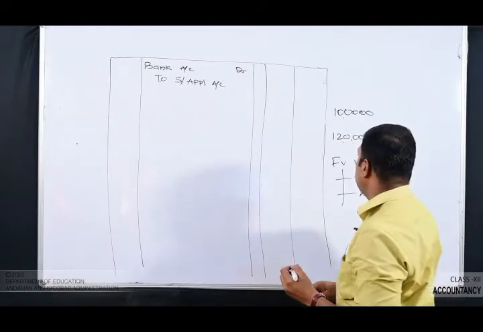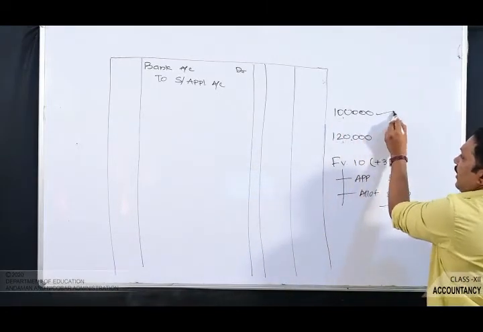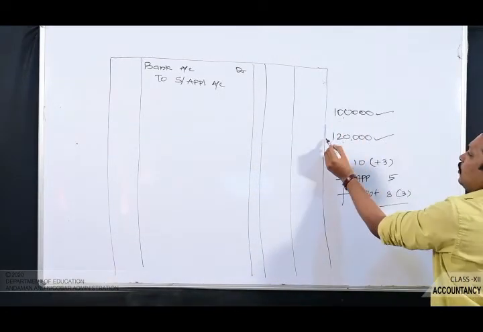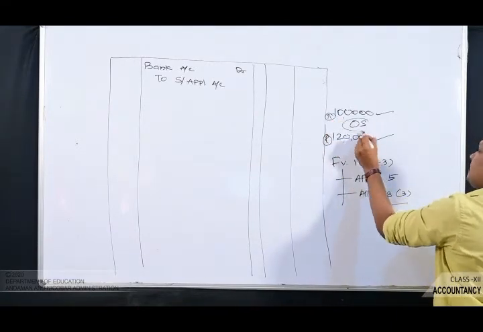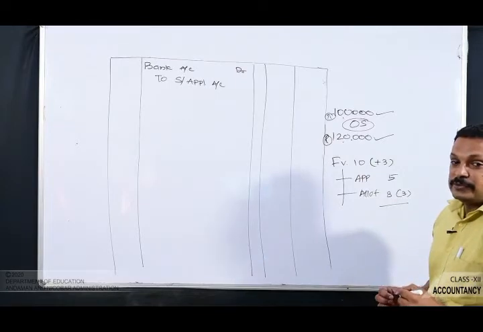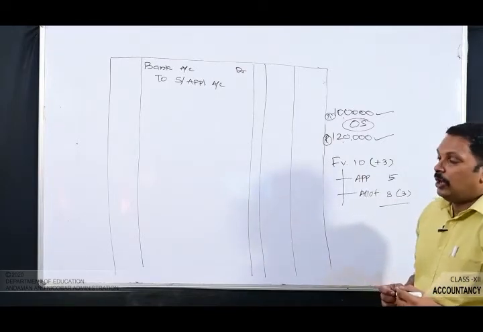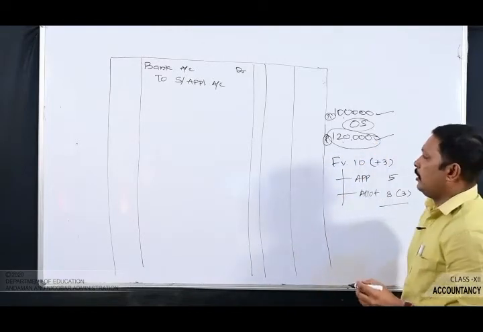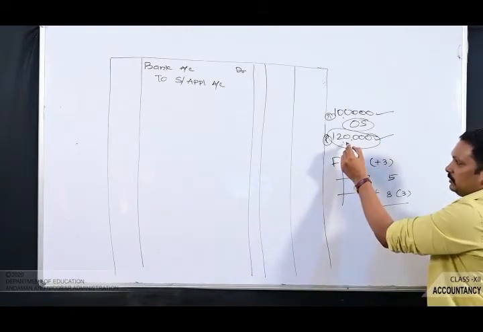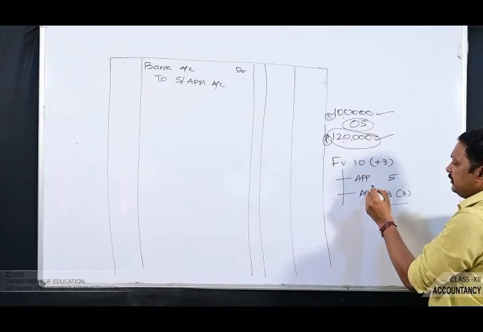How many shares were issued? 1 lakh issued. How many shares were received? 1,20,000. So this is over subscription. Here subscribed is more than the issue. Now we have to multiply the application money with the received amount. That is 1,20,000 shares received, the application money is 5.